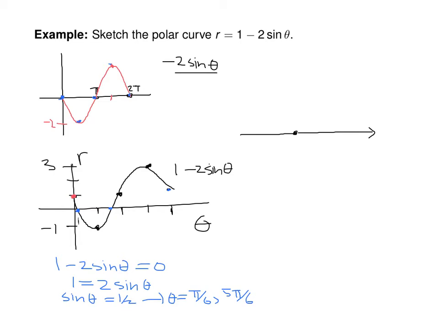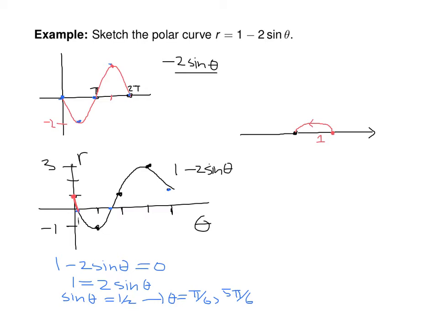When theta is equal to 0, I have a radius of 1. So I start over there a distance of 1 away from my point O. And then as I continue along this portion of the curve, as I go to the angle of pi over 6, my radii decrease. So that's going to look something like that.